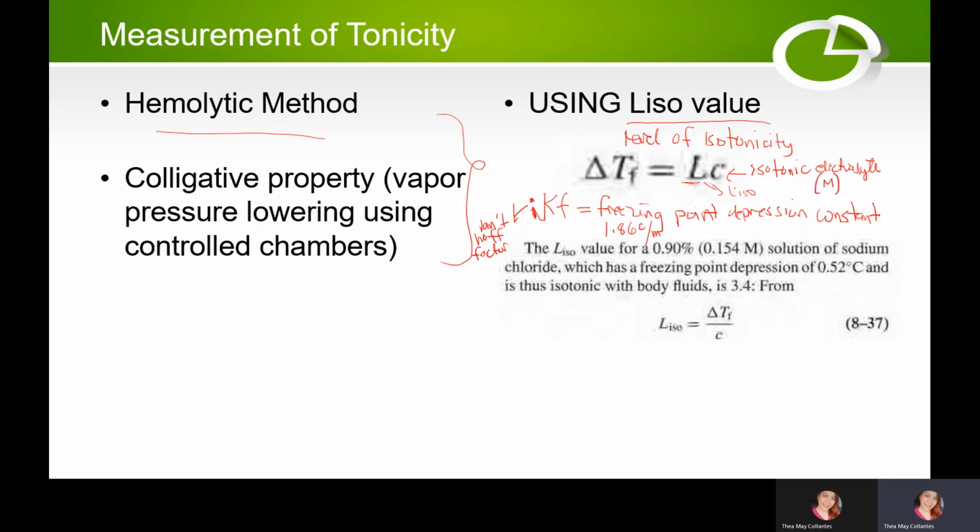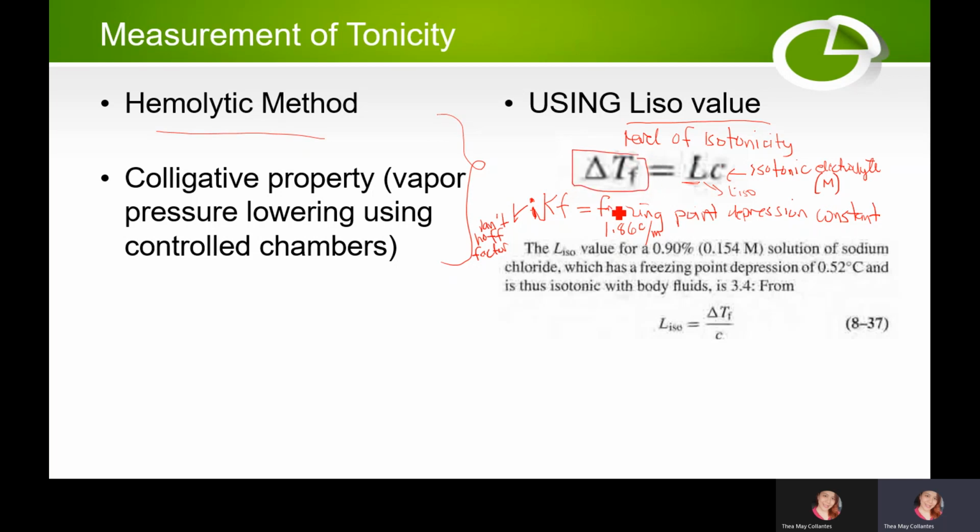In here, we are just dependent on the amount of your solution, so it's always liter of solution that we are talking about. So if you're given the LISO and the isotonic concentration, you will now have the change in your TF.